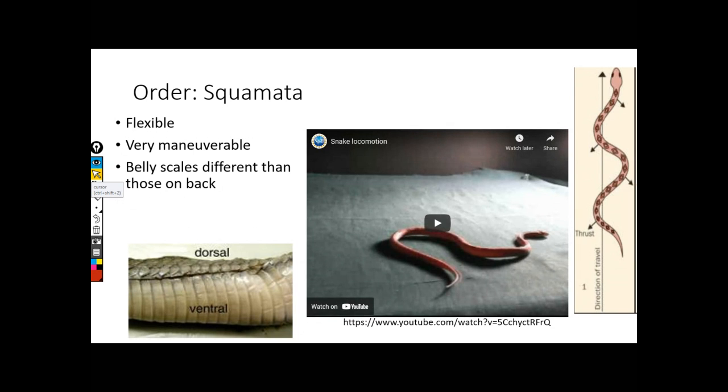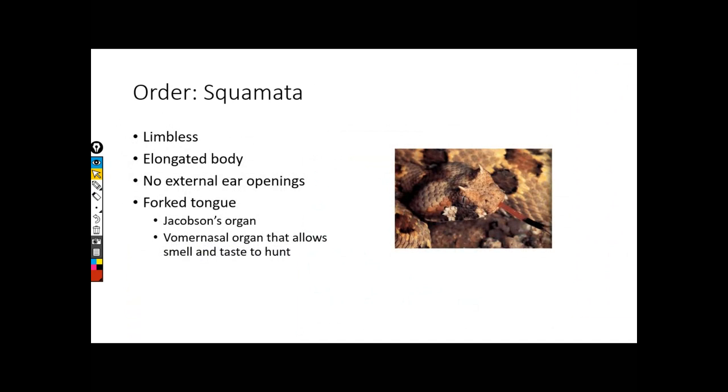Now, because we don't have legs, yes, ma'am? What was the Jacobson organ? So it's just two organs. They both help with smelling and tasting for hunting.